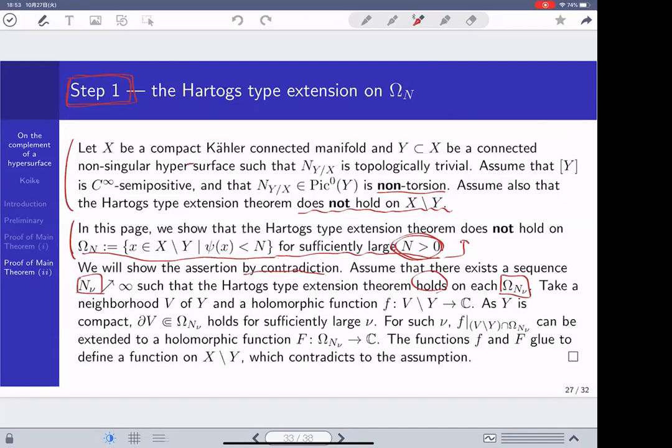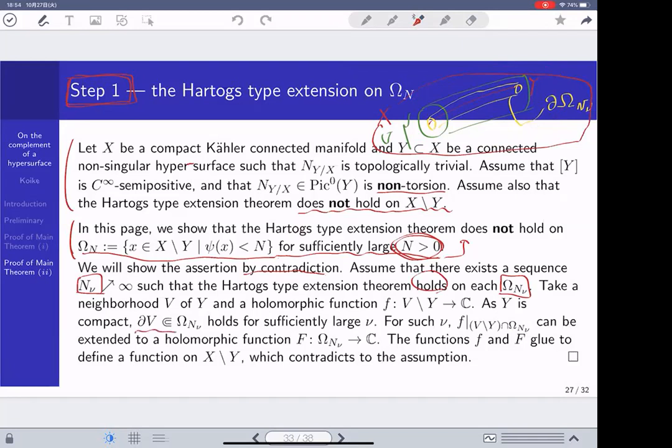Take a neighborhood V of Y and a holomorphic function F defined on V set minus Y. As Y is compact, here is Y, which is compact, and here is X. And here is V. The boundary of Omega n nu approximates Y if nu is large enough.